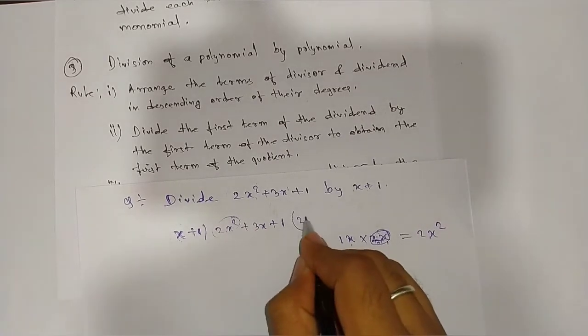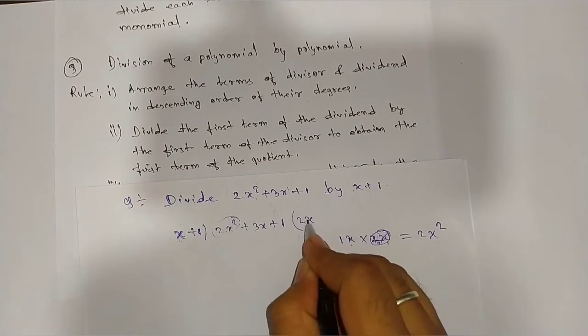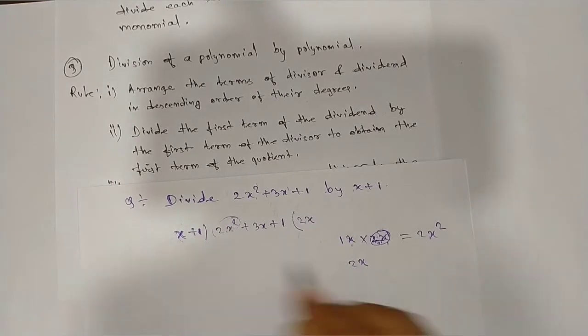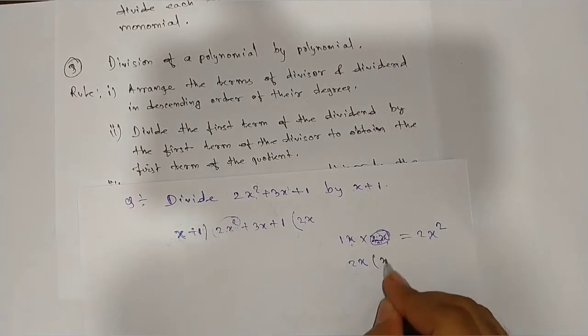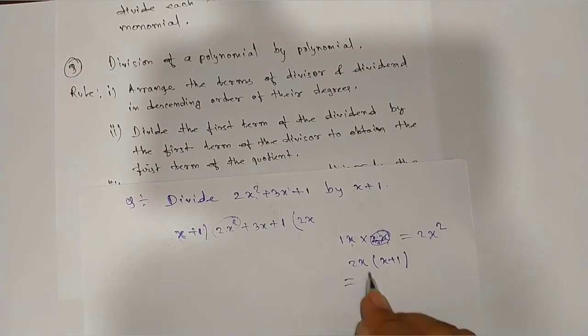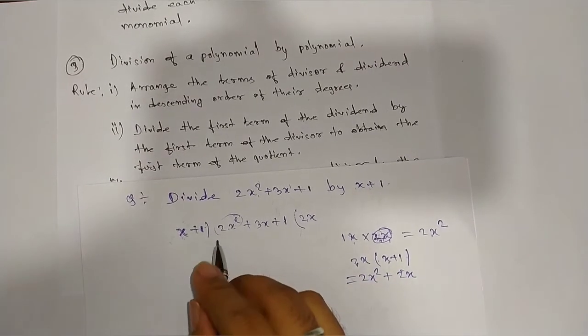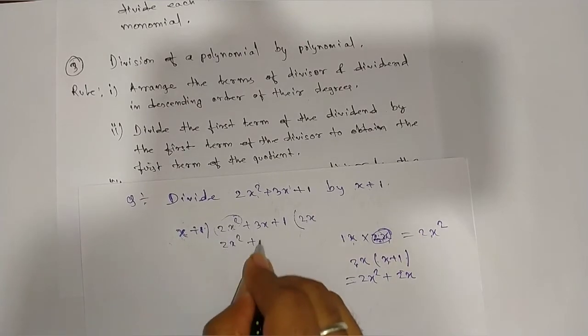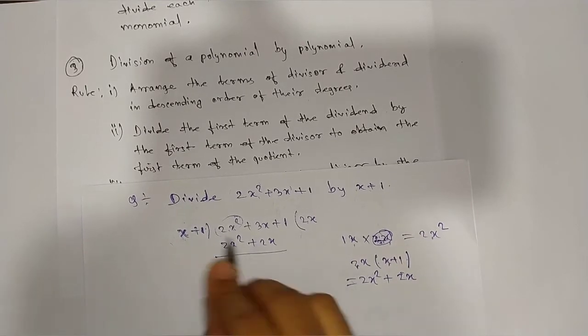So we'll take 2x here, and take this 2x and whatever divisor is there, x plus 1, and multiply it. 2 into x is 2x square, plus 2 into 1 gives 2x. So take this one and substitute here, 2x square plus 2x. Now subtract.